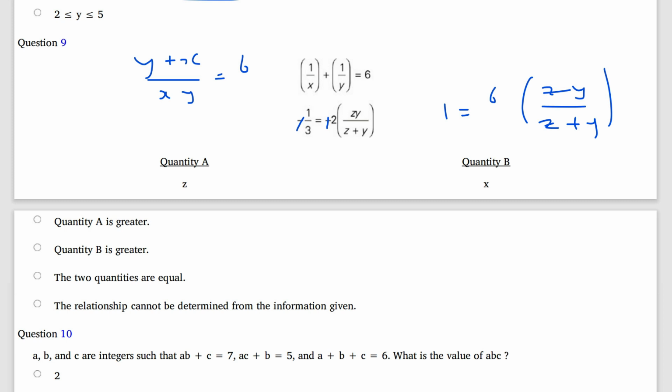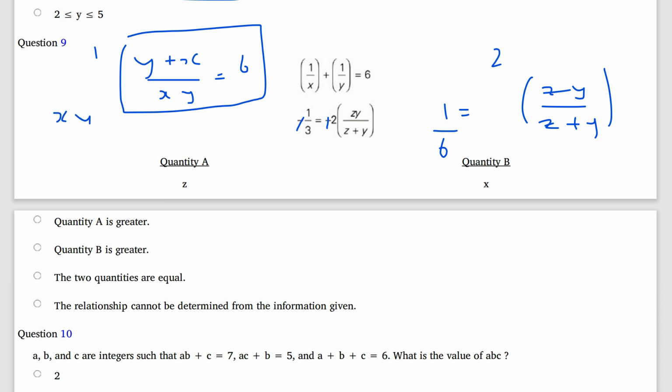Maybe if we've got a 6 here on the left for this equation, but then we've got a 1 over 6, so if we divide both sides here, we get 1 over 6 equals zy over z plus y. So we could flip equation 1, and then it will look exactly like equation 2. I don't know if you knew that, but you can flip equations.